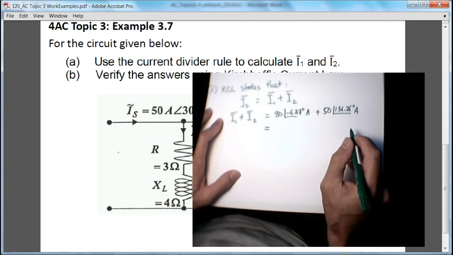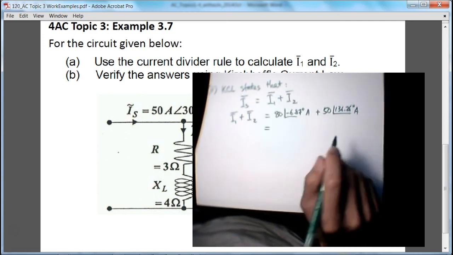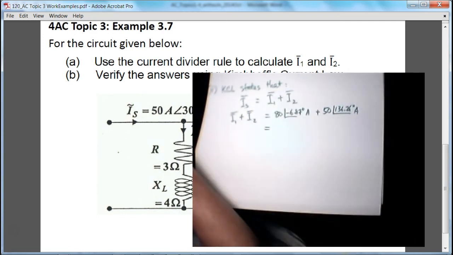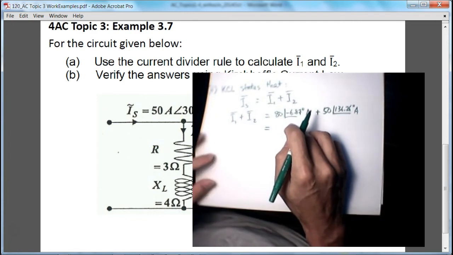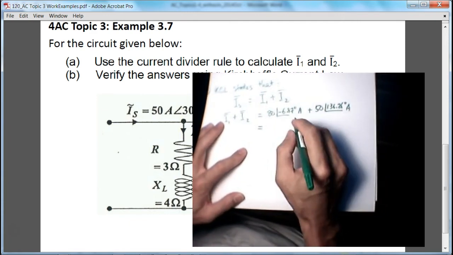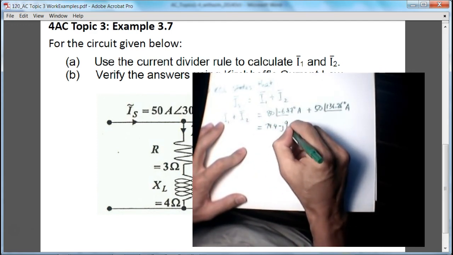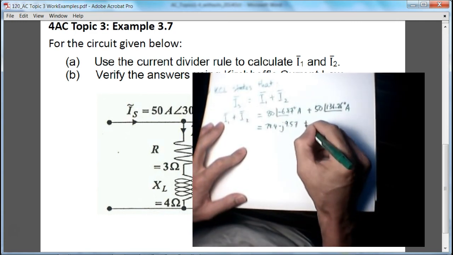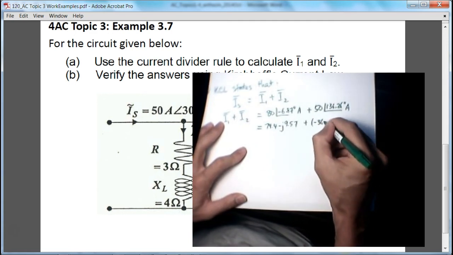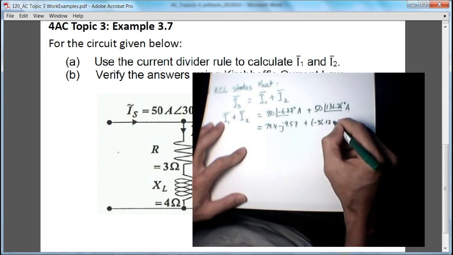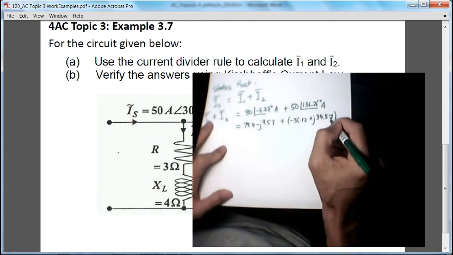Convert them into rectangular form so that I can add the two numbers up. 80 at an angle of minus 6.87 converts into 79.4 minus j9.57, plus 50 at an angle of 136.26, which translates into minus 36.12 plus j34.57.